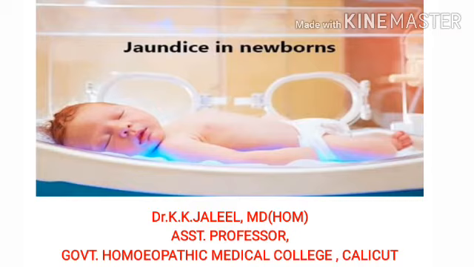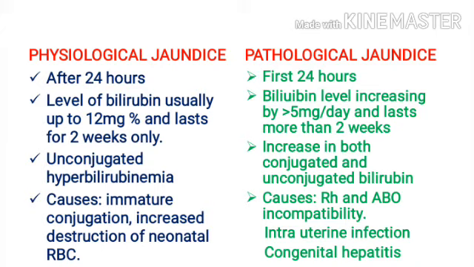Physiological jaundice is more common and pathological jaundice is less common. Although the name is physiological, jaundice itself sometimes causes complication and cause some severe defect in newborn. So we cannot neglect physiological jaundice also. What are the differences between physiological jaundice and pathological jaundice?